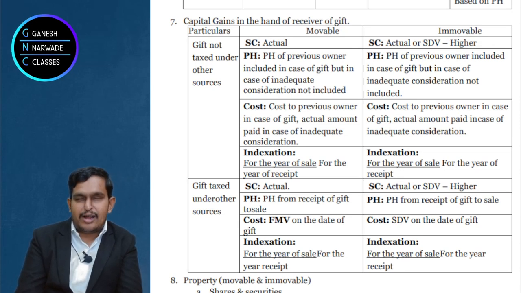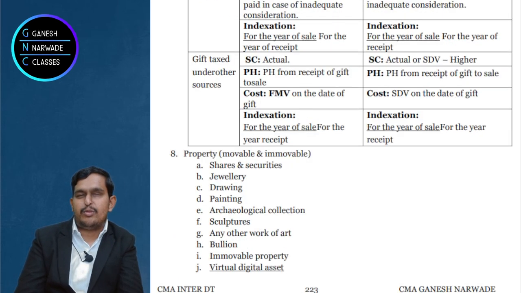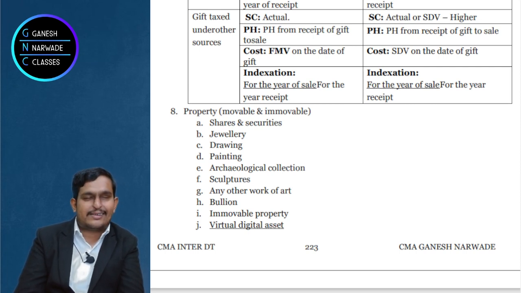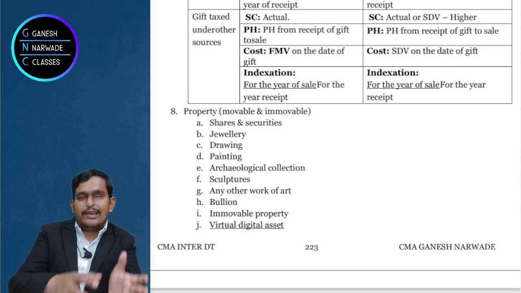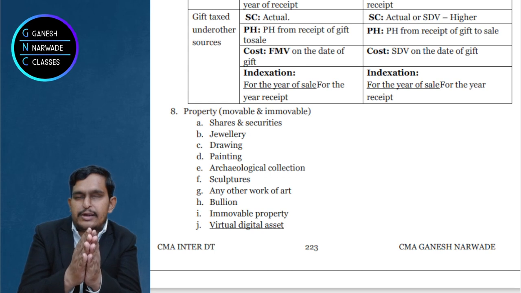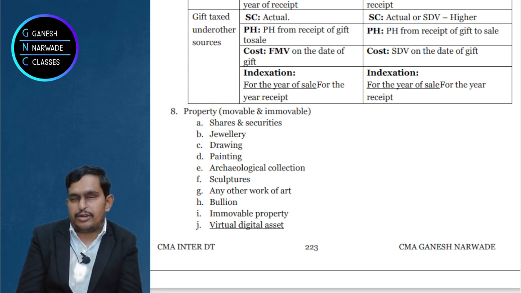Now, let's come to the next story. The next story talks about immovable property. The whole line I will cover at a time. Immovable property: what does it say? Are you taxed under other sources? If yes, then what will happen? You are now selling the asset again. When you received immovable property, land or building, as gift, you were already taxed under other sources.